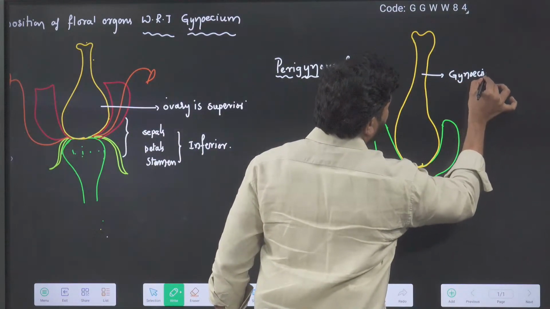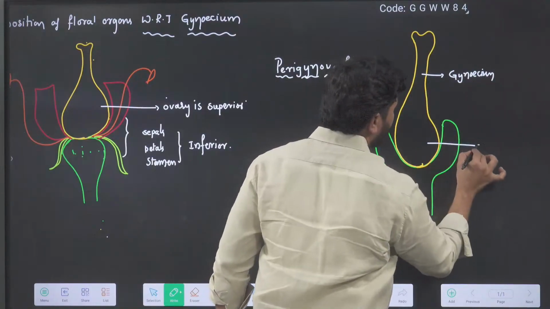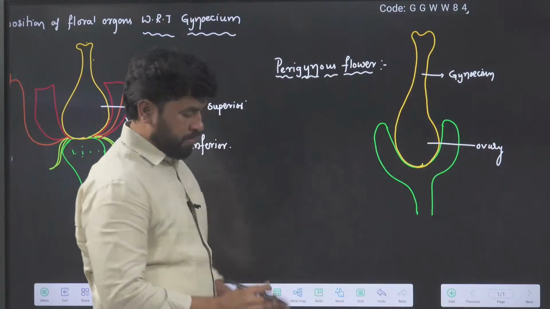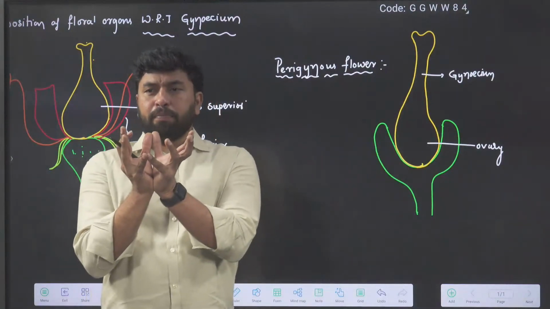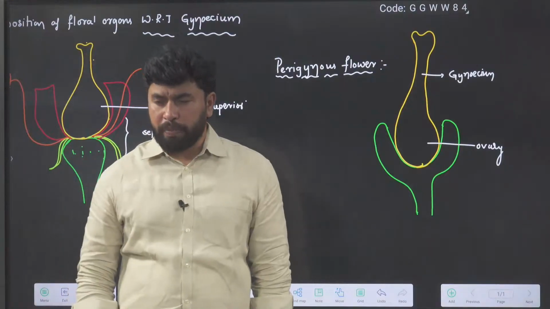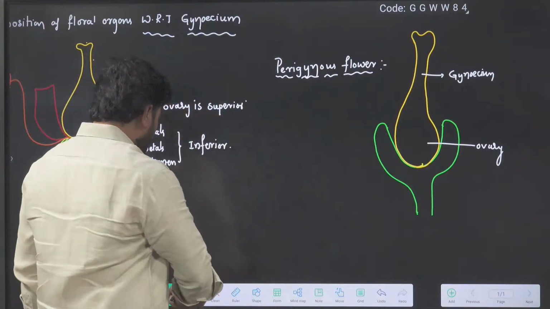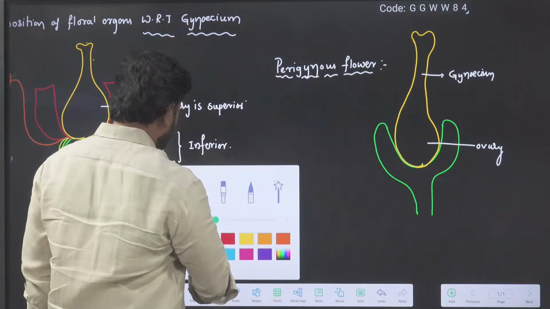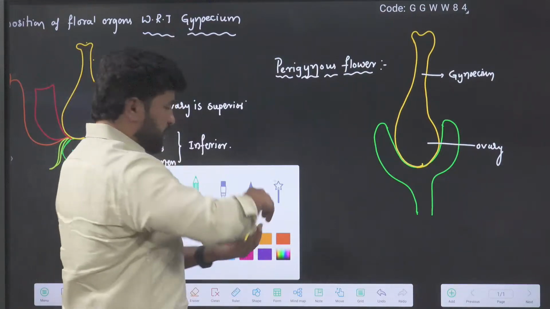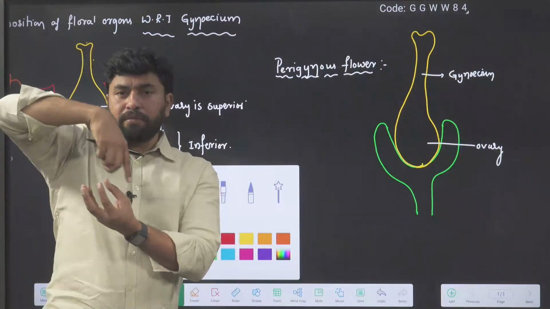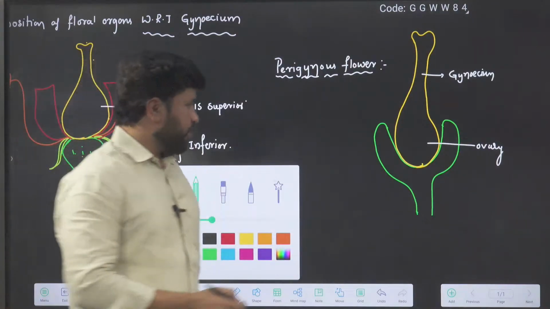In the gynoecium, let us consider this is the ovary. Now, the thalamus is a cup-like structure. In that cup, the gynoecium has been occupied. On the rims of our thalamus, that means it's a cup-like structure, a cup has a rim. Rim means on the edge.